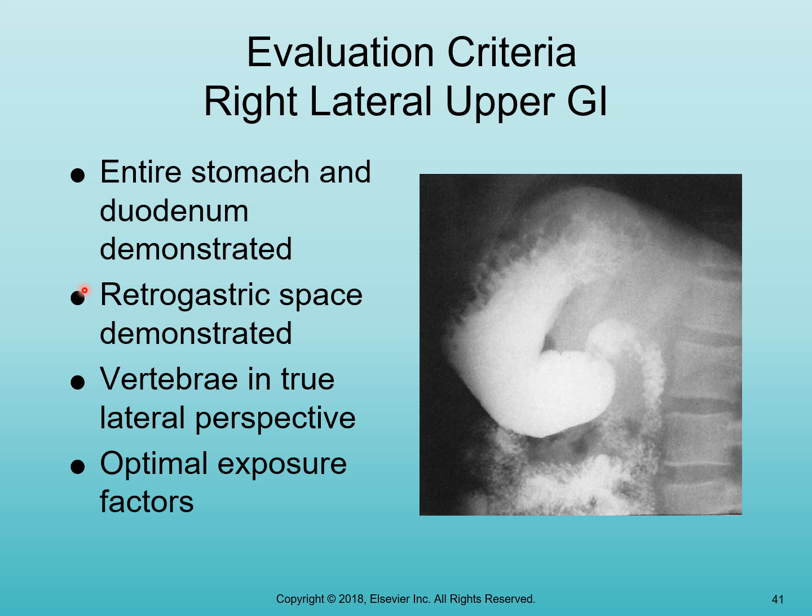All right, so 4 views for an upper GI: AP, LPO, RAO, and right lateral in that order. Technique for the first 3 is 110 at 2 for single, 90 at 2 for double or water soluble, and the lateral is 110 at 4 for single, 100 at 4 for double or water soluble.